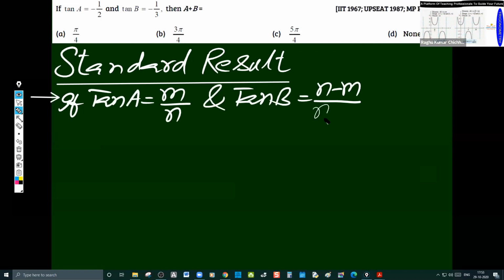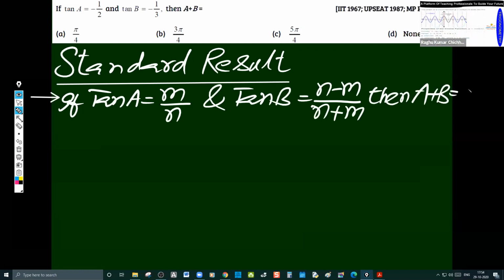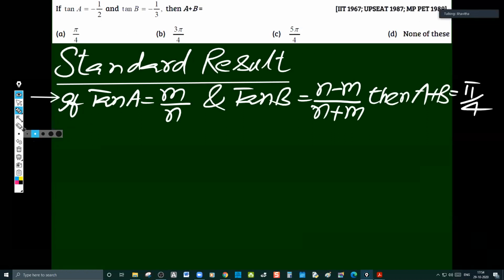Follow this carefully. Then take it for granted, if you work out the same method that I did, your A plus B will be pi by 4. This is one result.